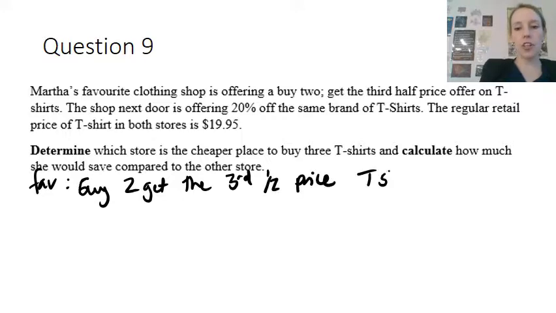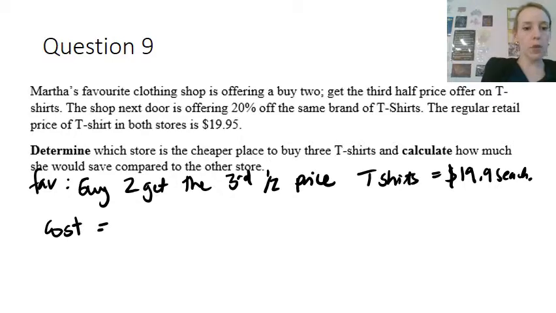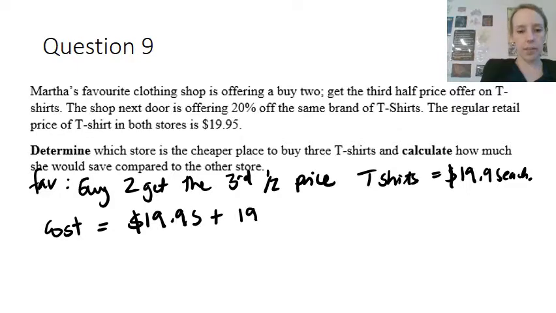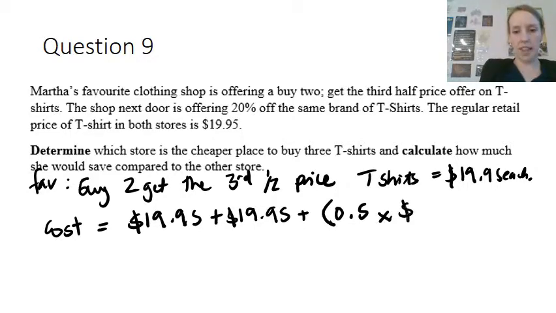And the t-shirts, as we know from the question, they're $19.95 each. So the cost from that shop would be 2 full price t-shirts, so $19.95 plus $19.95 plus the third one, which will be half price. So that'll be 0.5 times $19.95.